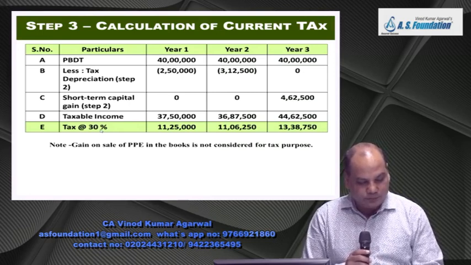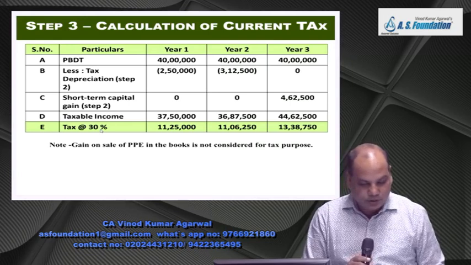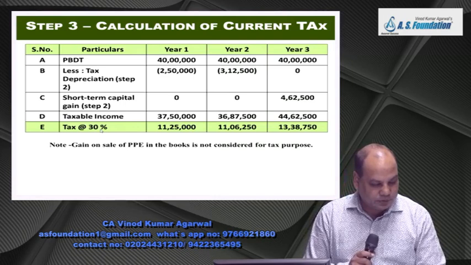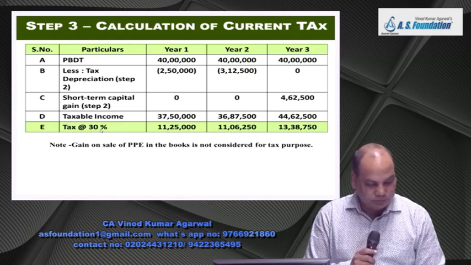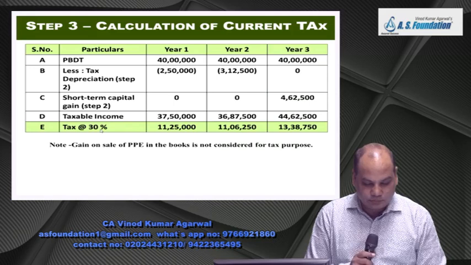First year 11,25,000. Second year 11,06,250. Check third year 13,38,750.